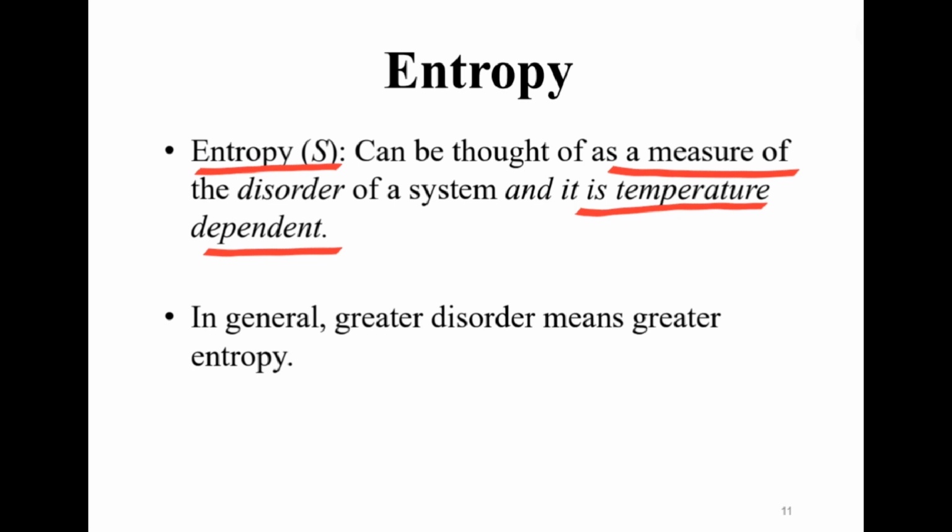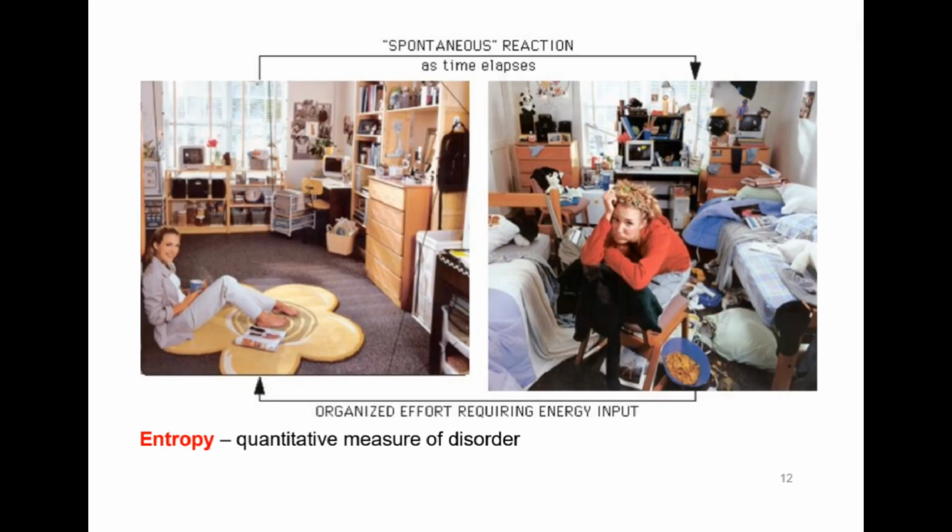In general, greater disorder means greater entropy. So in general, greater disorder means what? Greater entropy. As we said before, entropy is a quantitative measure of disorder, a measure of the amount of disorder.